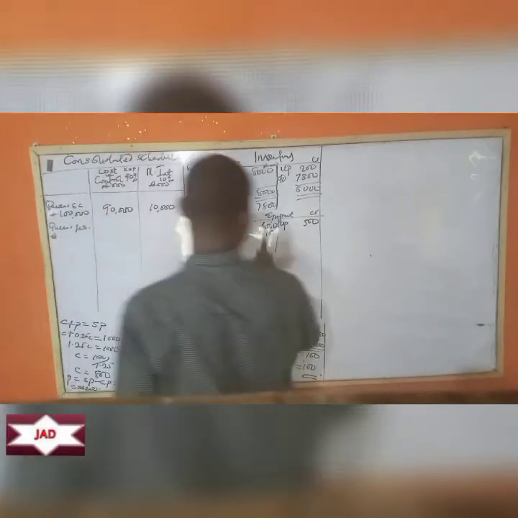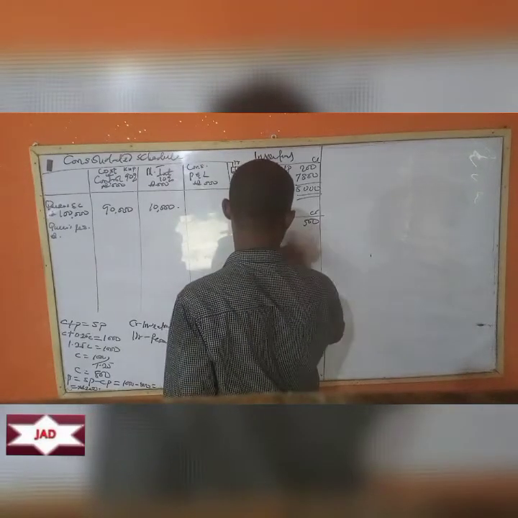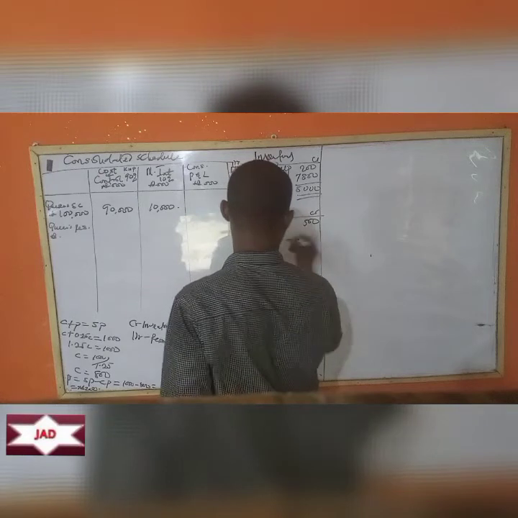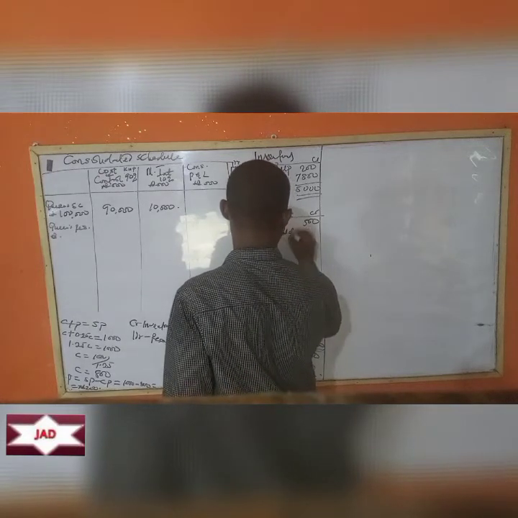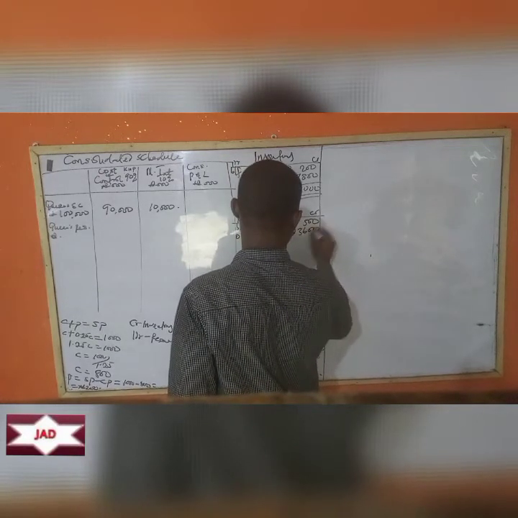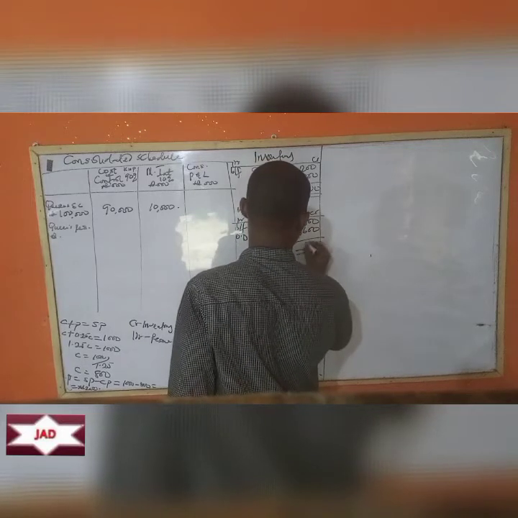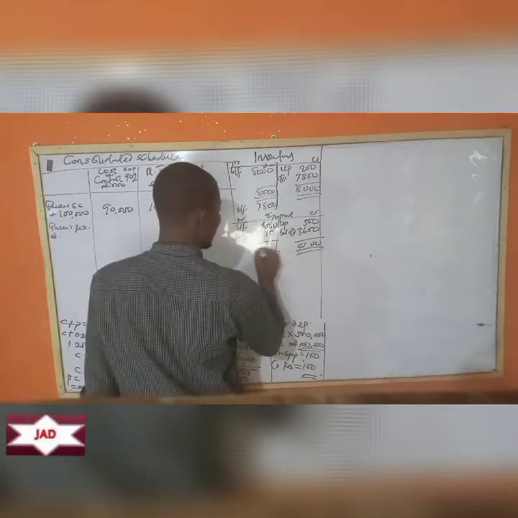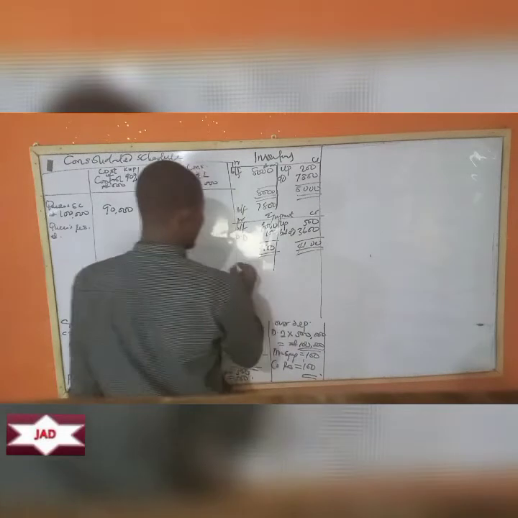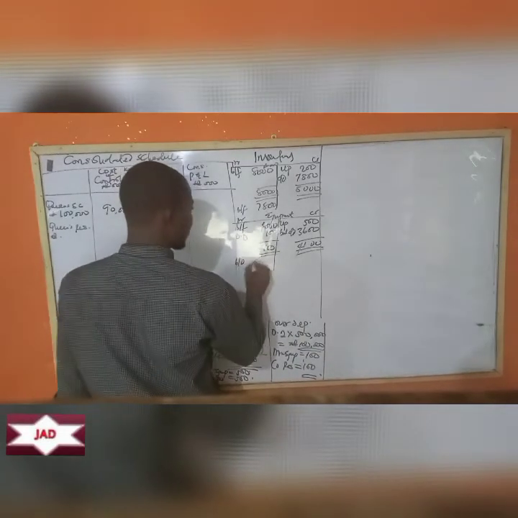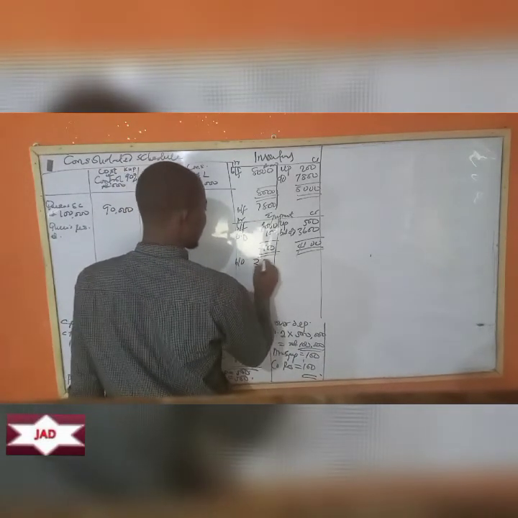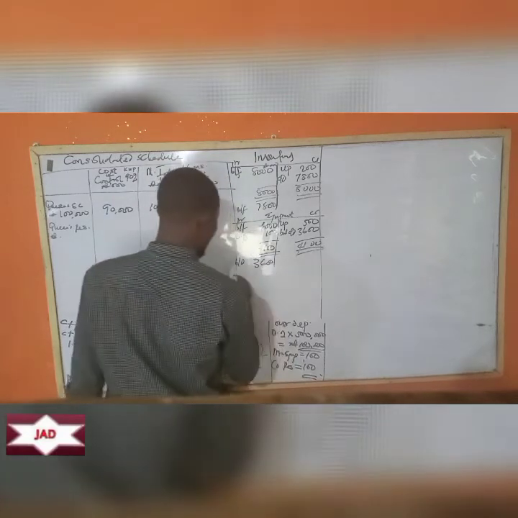So what do we have here? 4,000 minus 500 plus 100, that's 3,600. So we have a new balance for the equipment now, which is 3,600.